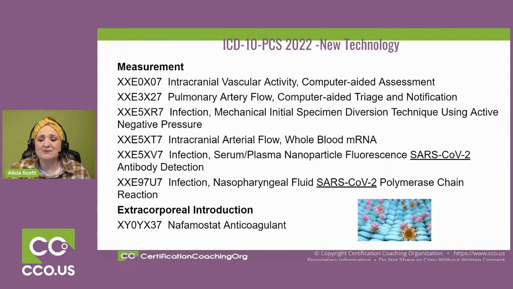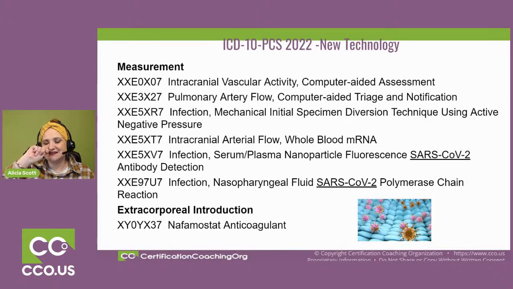And fluorescein means that it probably glows, but I underline SARS-CoV-2. That's for COVID-19. And then the nasopharynx fluid, and that is measurement. What are we doing? We're testing for COVID. So we can do it serum plasma and we can do it nasopharynx.